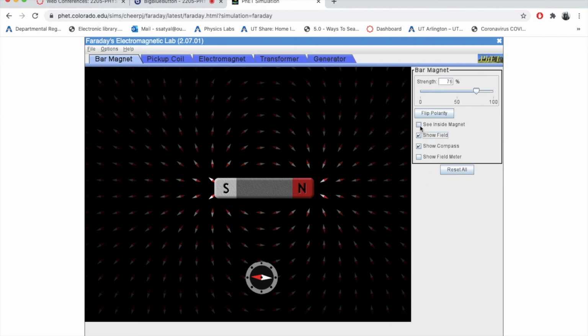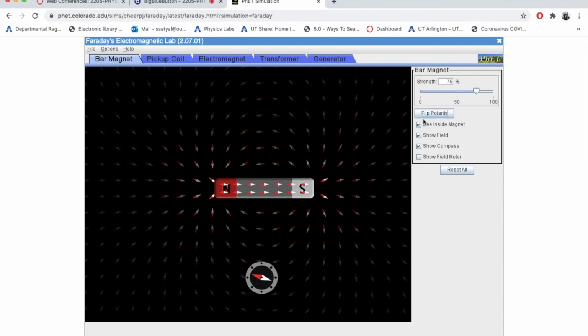And you can also see inside of the magnet, as I said, it's not that the field lines start at the north pole and end at the south pole. Magnetic field lines always form a loop because there is no magnetic monopole. The magnet always comes in 2 poles. You can have one single charge, but you cannot have one single magnetic monopole, and that results in this continuous loop of magnetic field lines.